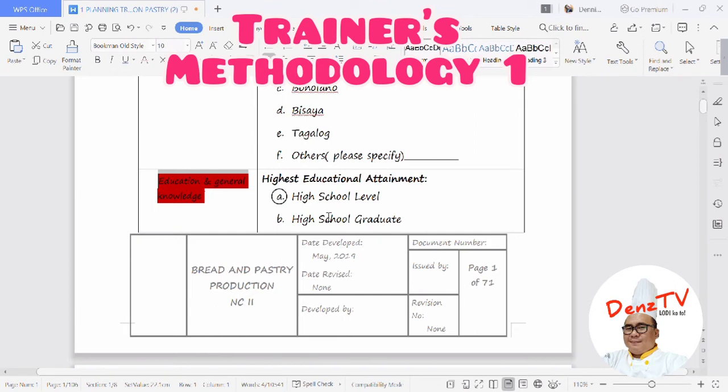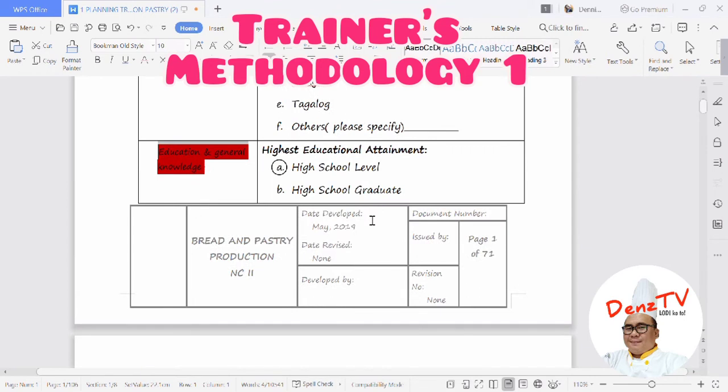Because there are other trainees who have already graduated from college. That is reality. So if this particular learner will enroll to learn automotive, then his or her highest educational attainment is college graduate.